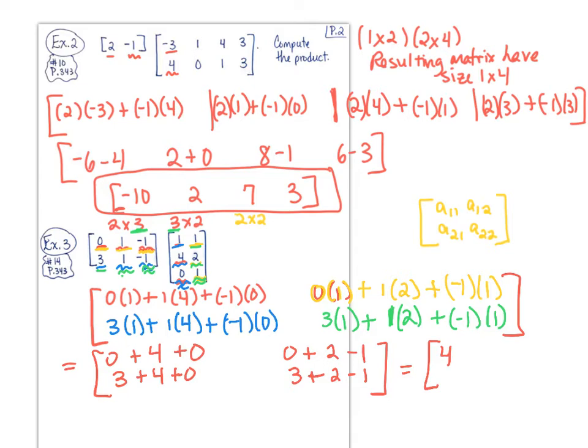The 1, 2 entry gives us 1. The 2, 1 entry gives us 7. And the 2, 2 entry gives us what? 3 plus 2 minus 1 is 4. Good, 4. So this is your answer here. And this is how you multiply matrices.